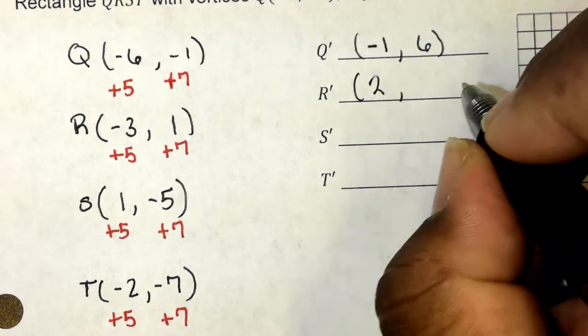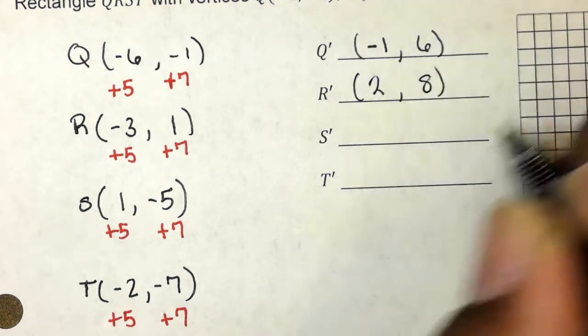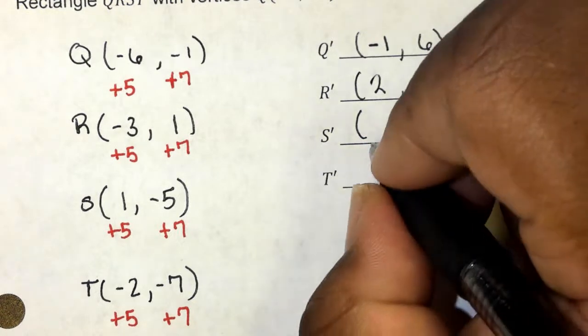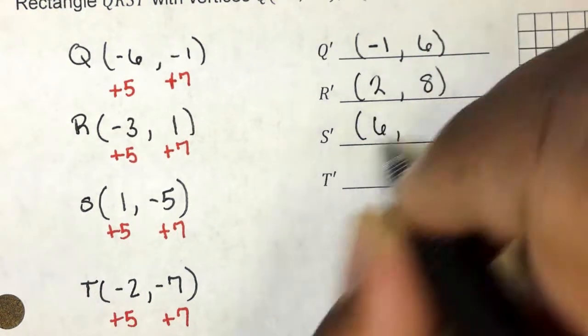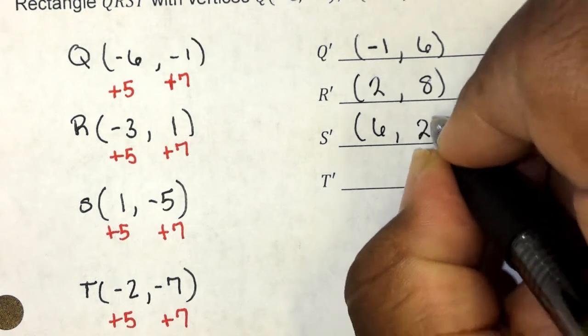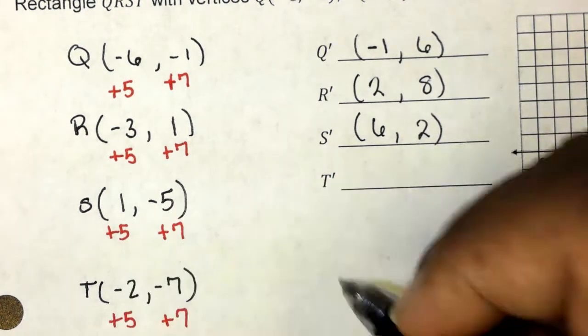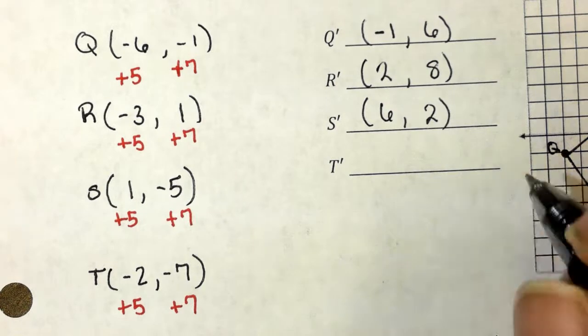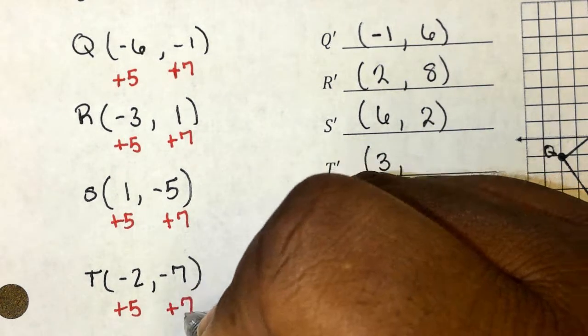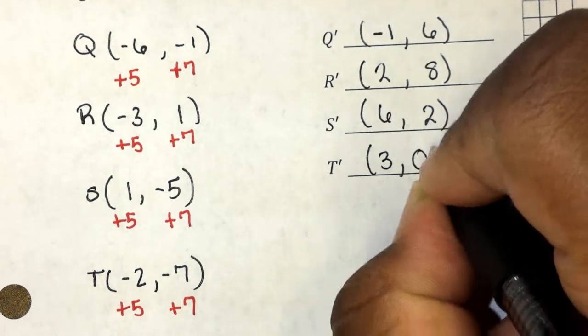And then 1 plus 7. And then 1 plus 5 for S. -5 plus 7. And the last one, -2 plus 5. And then -7 plus 7.